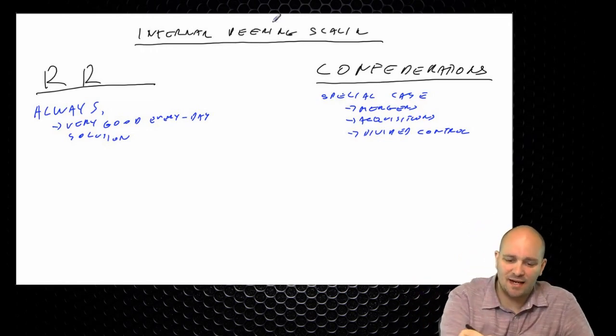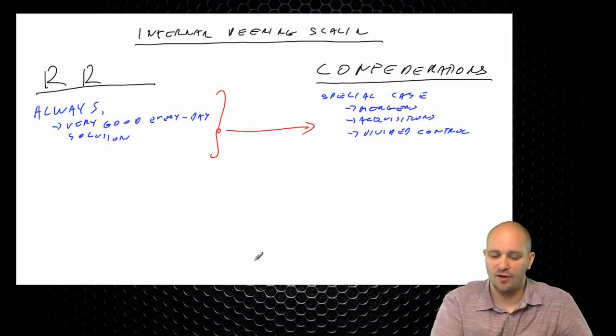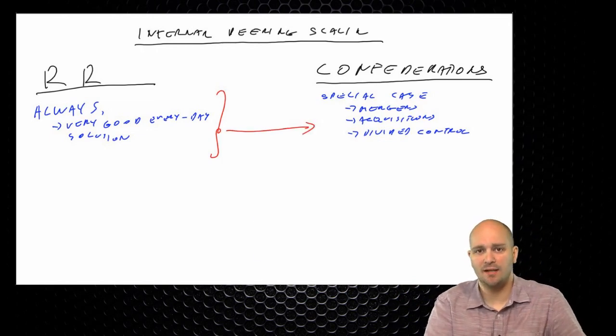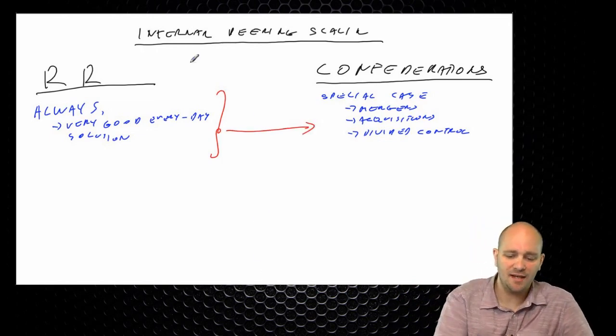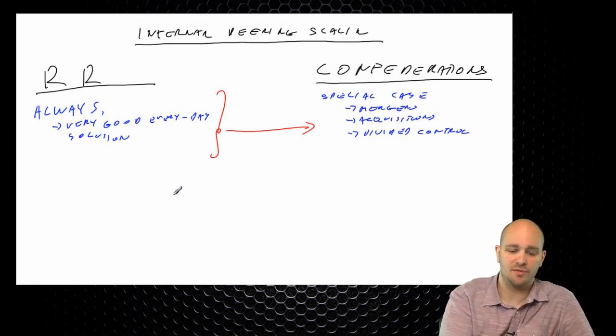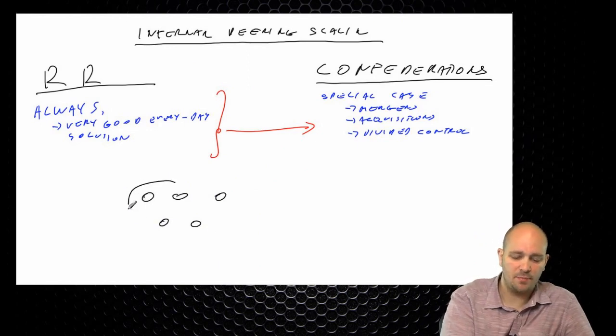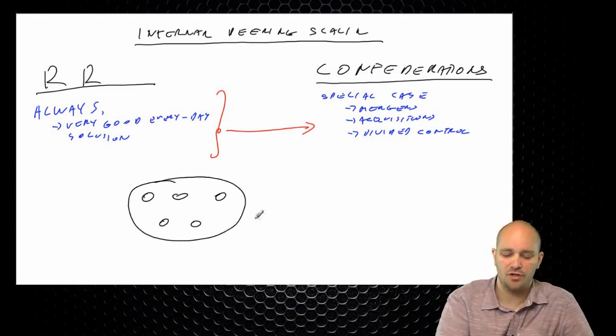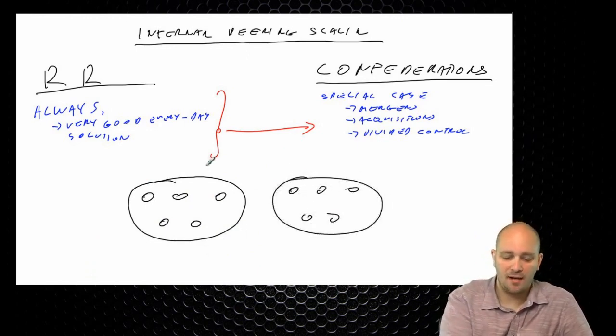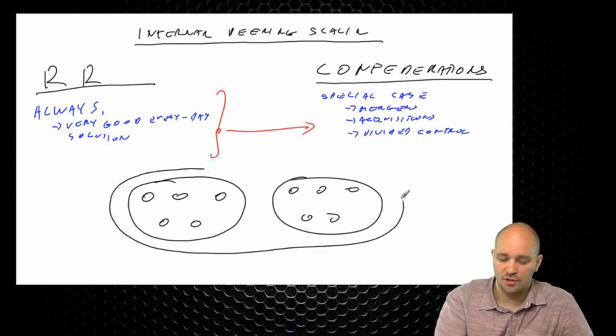But inside this confederation, to scale the confederation itself, you might need to use the route reflector, because if we take a look at how an autonomous system might look, let's say that we have these routers here, and these belong to one confederation member, and these are the routers that belong to another confederation member, and this is a confederation.